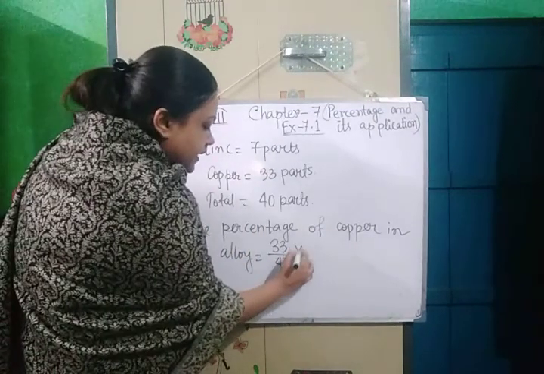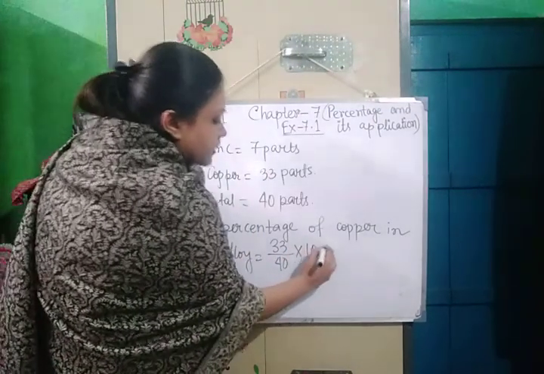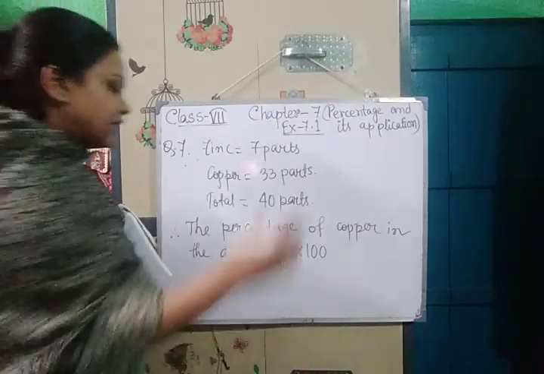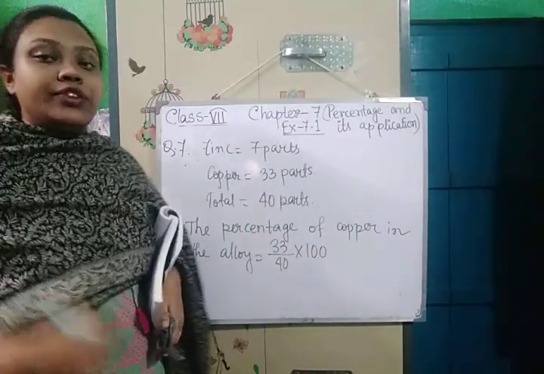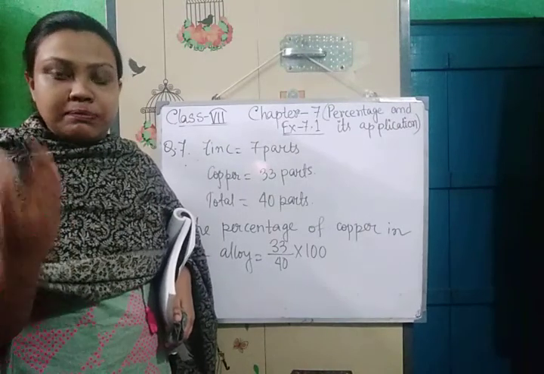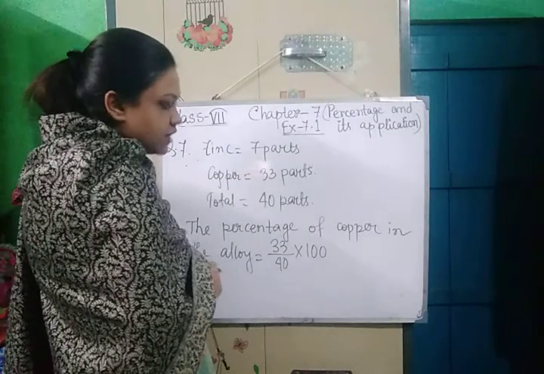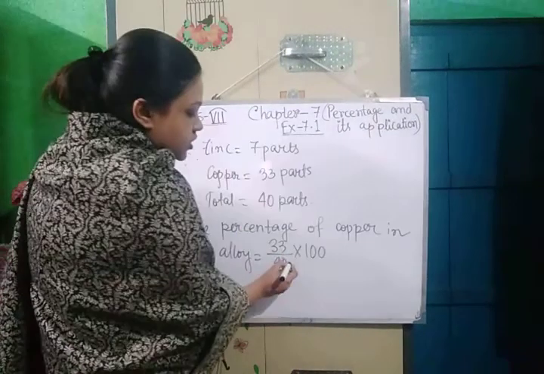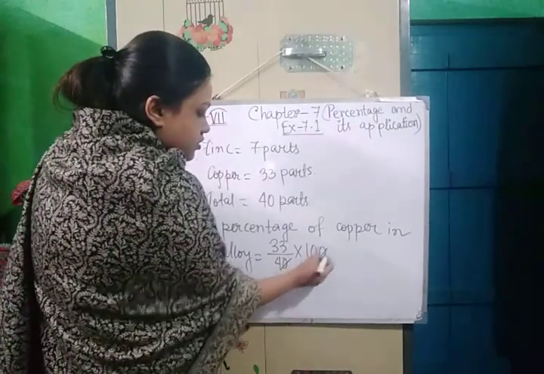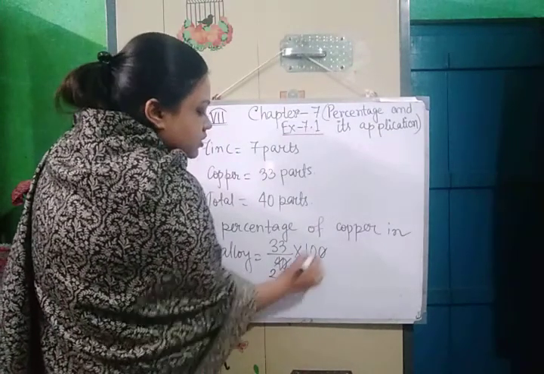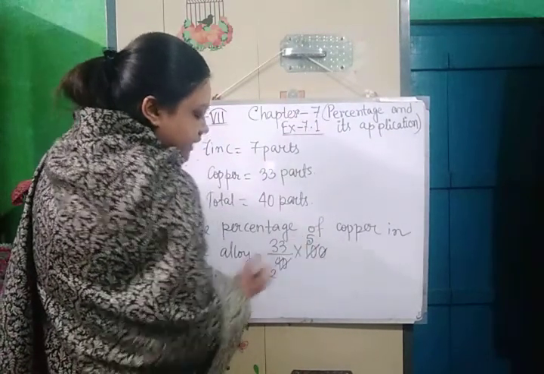So into 100, if we multiply it by 100, we will get the percentage. That is the fraction of copper. When we multiply 100 with the fraction, we will get percentage. So now we can find out the percentage of copper. So cancellation, 10 and 40, 2 2s are 4, and here 2 5s are 10.